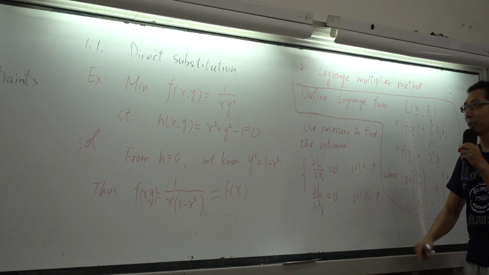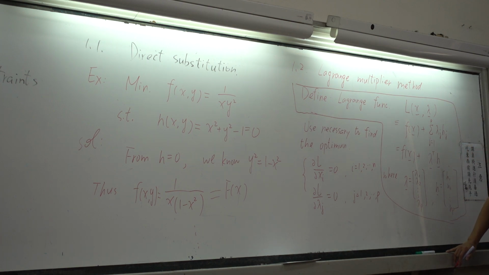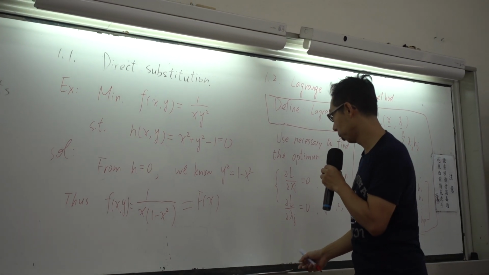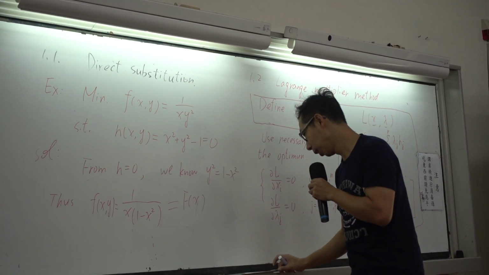However, these are just the necessary conditions. When we find some points, it's not guaranteed that the point is a minimum, a maximum, or neither, so we may need to do something else to make sure.